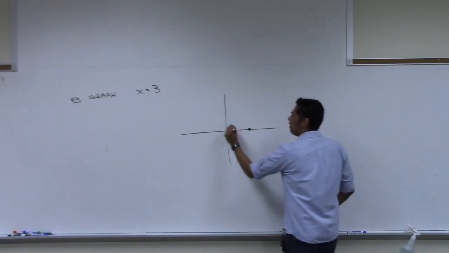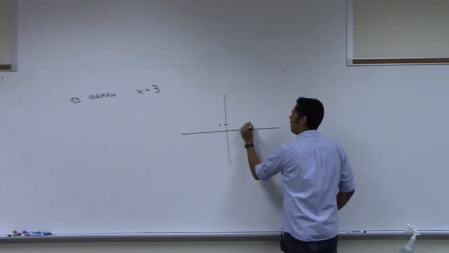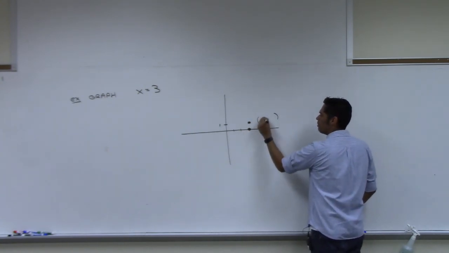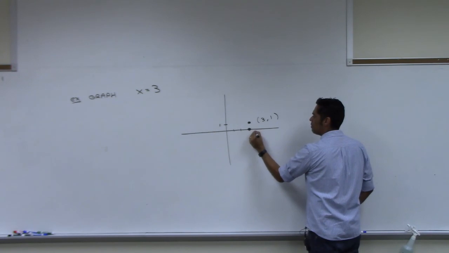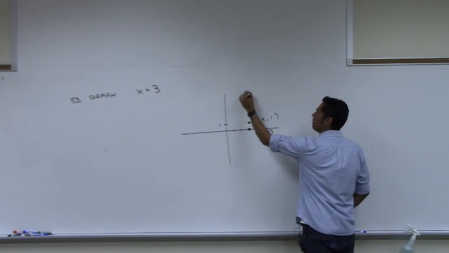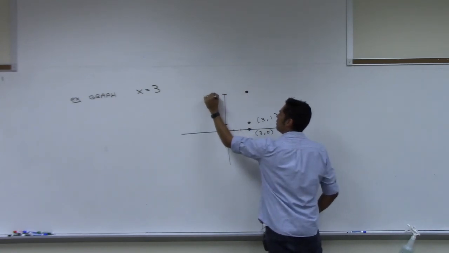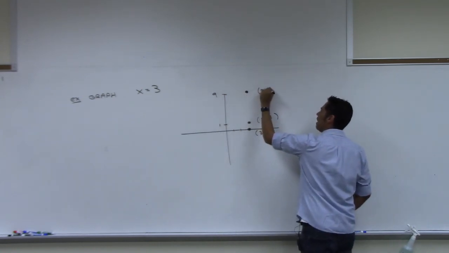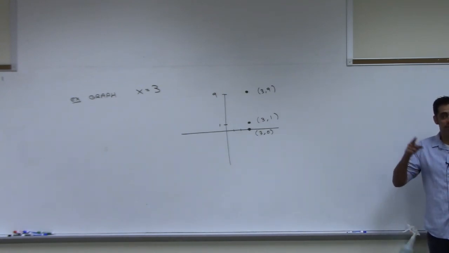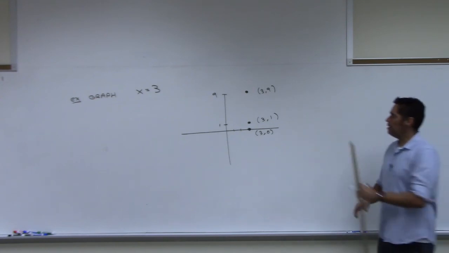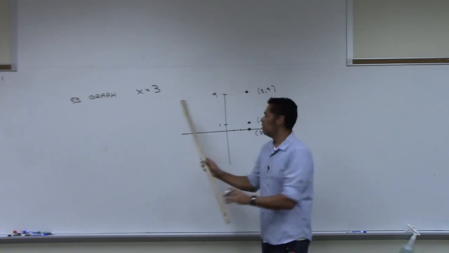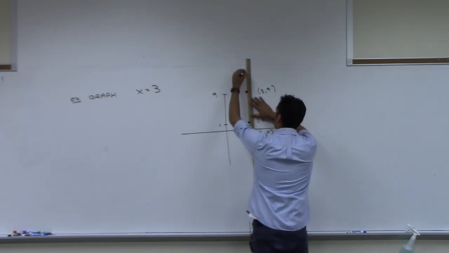Now, if I go up 1 and put a point, what's the x coordinate of that point? 3. It's (3, 1), right? This point right here is the point (3, 0), right? What would be another point, let's say, up here at 9? That'd be (3, 9), right? What do all those points have in common? x is 3, right? That's what this equation is saying. Give me all the points where your x coordinate is 3, and that will draw you a vertical line.